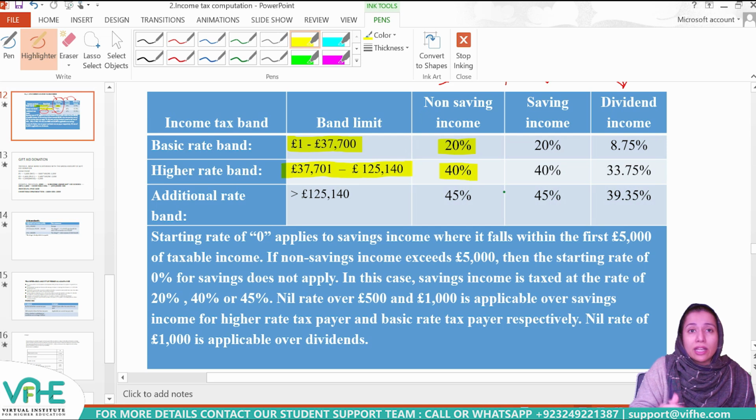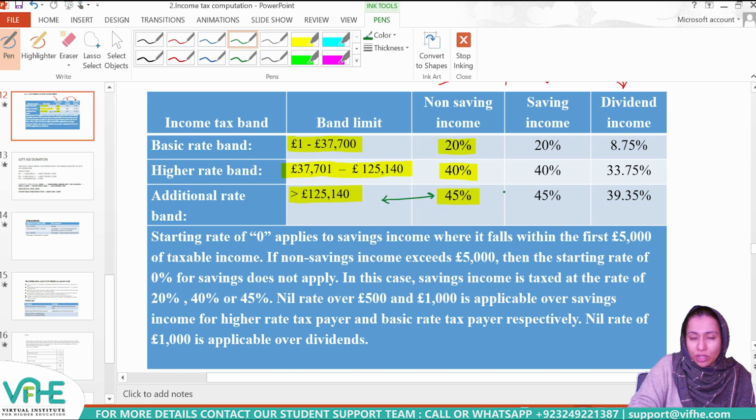And as his taxable income is £165,000, I can safely say that he will have to reach the additional rate band where he will be applying an additional rate of 45%. So he will have to move through all these bands. And what is the highest rate he shall be applying on his income? Yes, it is 45%, being the additional rate.